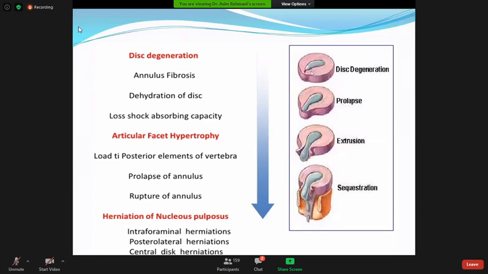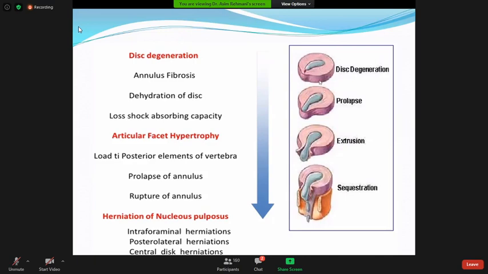In this picture, we can see a pink peripheral part, which is the annulus fibrosus, and the central gray part, which is called the nucleus pulposus. You can see there is tearing of the fibers of the annulus fibrosus. That is the first stage of disc degeneration, in which there is desiccation and dehydration.